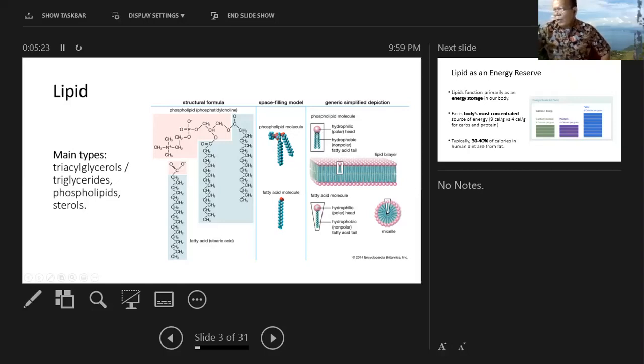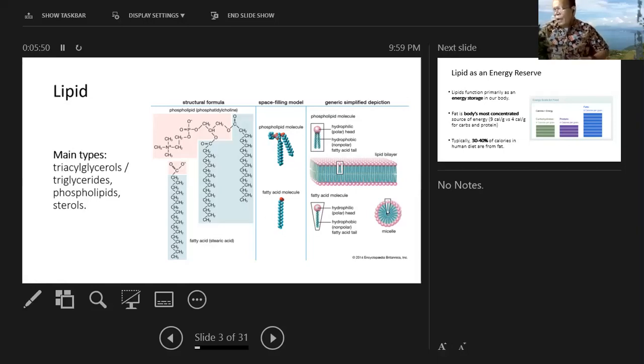Then if we have a look at the generic simplified depiction of this lipid, we can see that this is the head of the phospholipid, and it is hydrophilic, and this part is the hydrophobic, non-polar fatty acid tail.